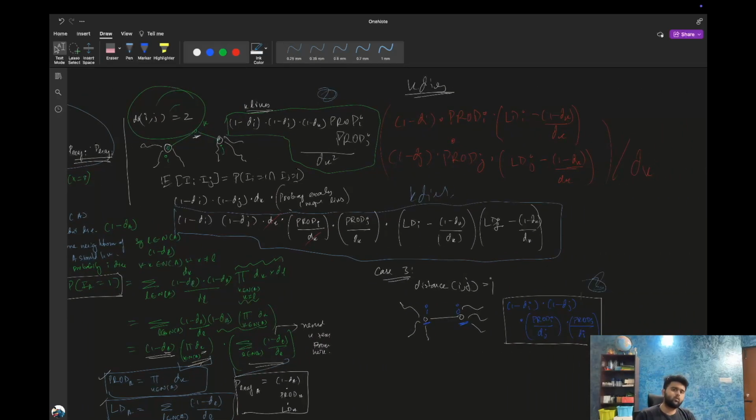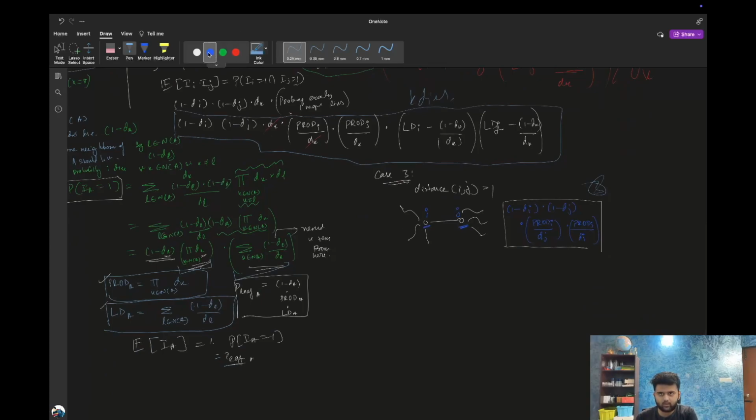Now let's boil down to implementation. In implementation, we know that we will need a few vectors. One being d, the dying probability, two prod, the product of the dying, and 3 being LD, which is the sum of the ratio of living to dying over all the neighbors, and 4 is the probability of the leaf, and that's it.